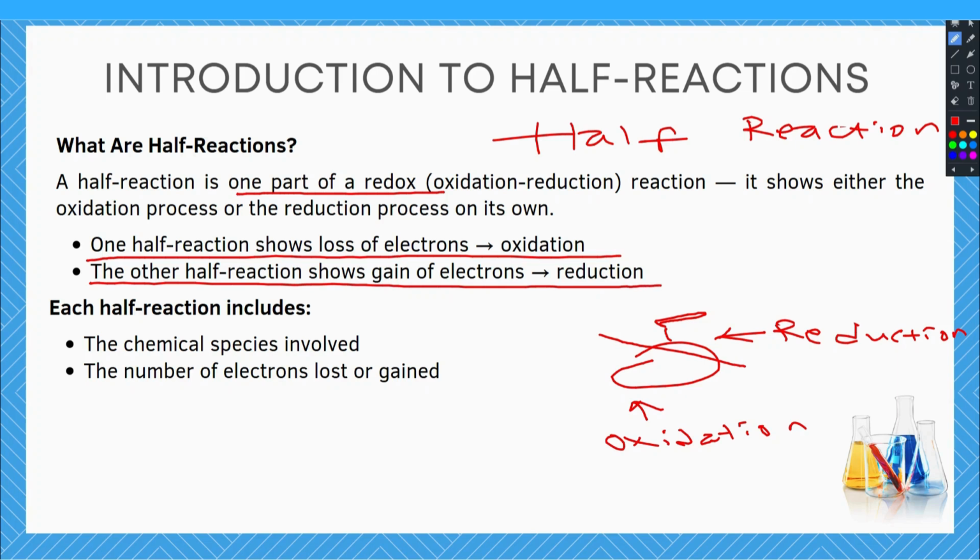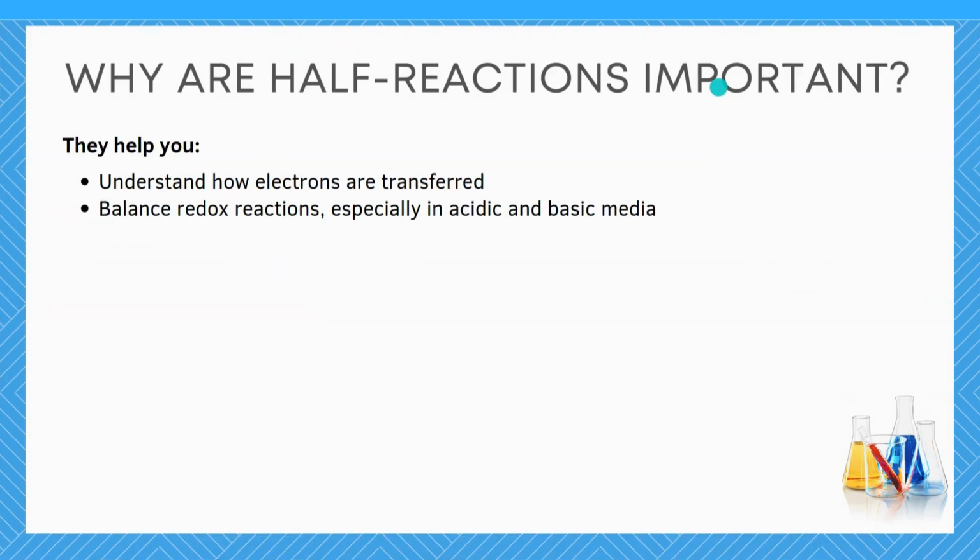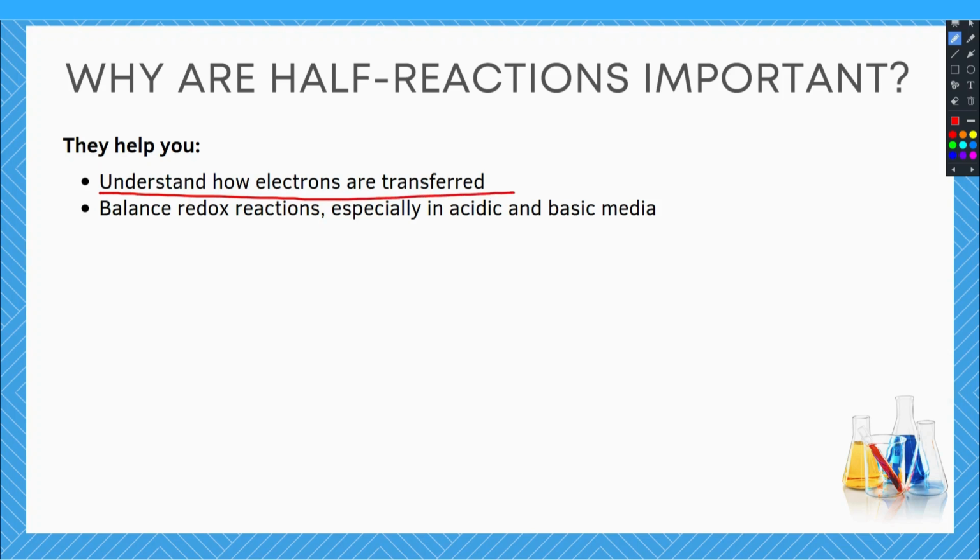So each half includes the chemical species that are involved and the number of electrons that have been lost or gained. So now let's proceed and see what next lies in store for us. Why are they important, by the way? Half reactions are important because, first of all, they help you to understand how electrons are transferred, and they help you to balance redox reactions, especially in acidic and basic media.